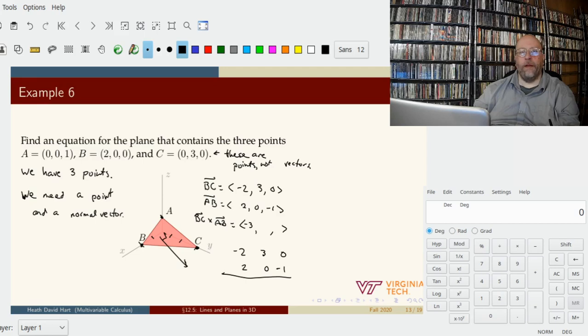And then for the y-coordinate, we block out the y column. We multiply diagonal pairs and subtract. We get 2 minus 0, which would be 2, but we have to flip the sign of the middle coordinate. And then for the z-coordinate, we get 0 minus 6, which is negative 6. And this gives me a normal vector.